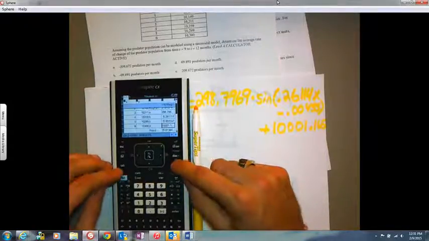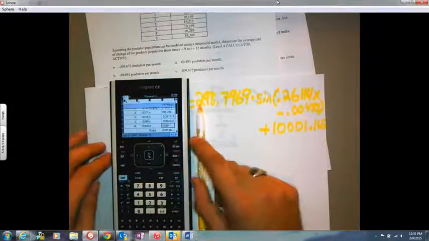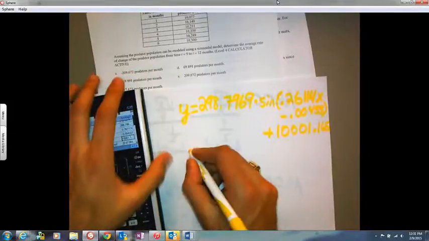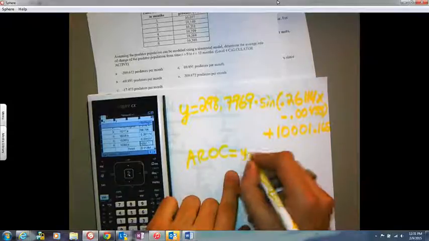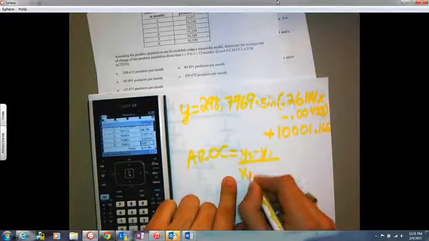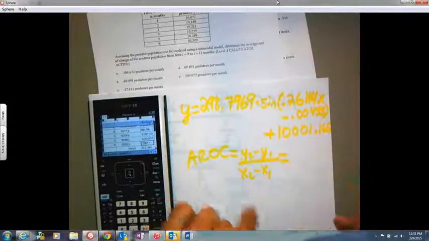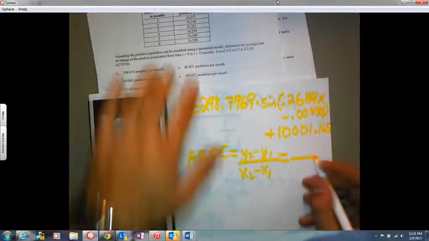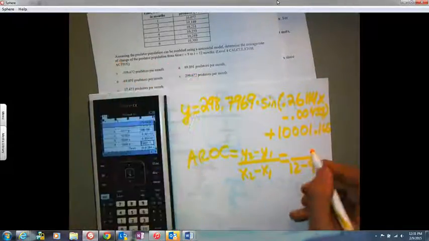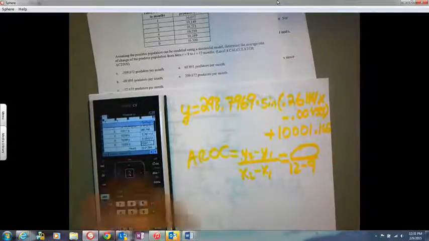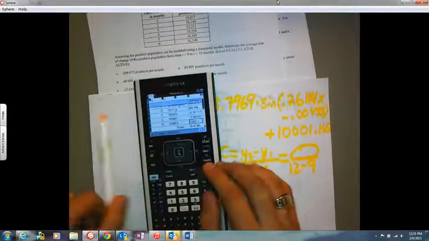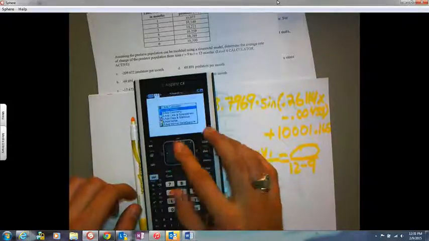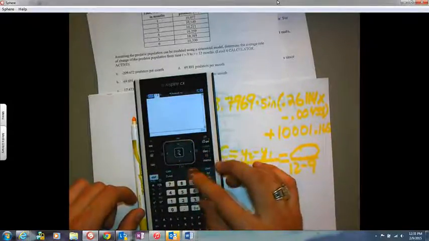Now, on the Inspire, you are lucky. So now we want to get the average rate of change, so AROC equals y2 minus y1 over x2 minus x1, which is equal to, well, the x's are 12 and 9, and these y's, again, come here to add a new document, so add calculator, var f1.